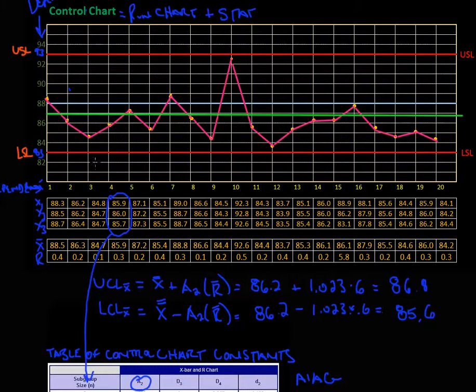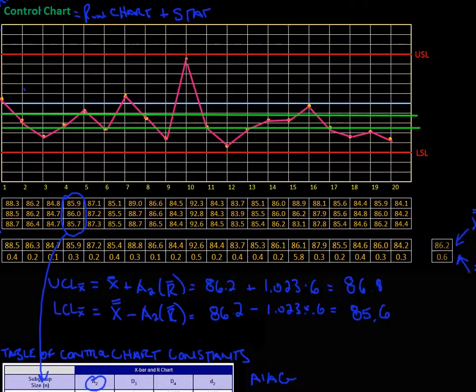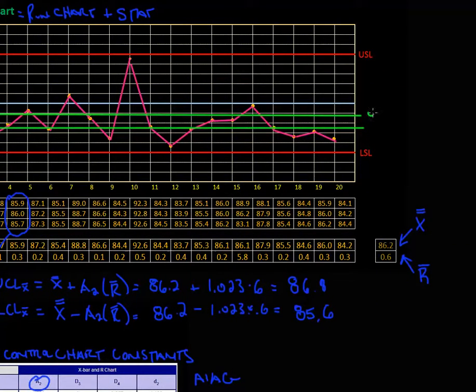Lower control limit, 85.6, right about, how's that? Oops, made a mistake there, hit the wrong button. 85.6, right about there. Okay, so let's just label this here. Upper control limit, lower control limit.